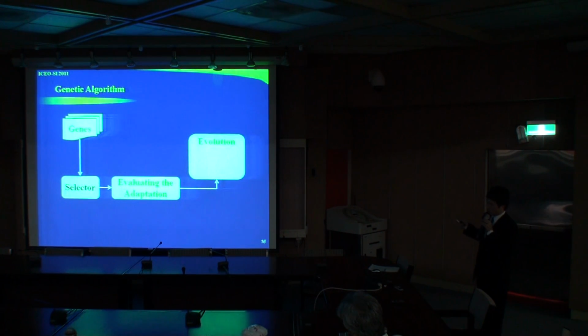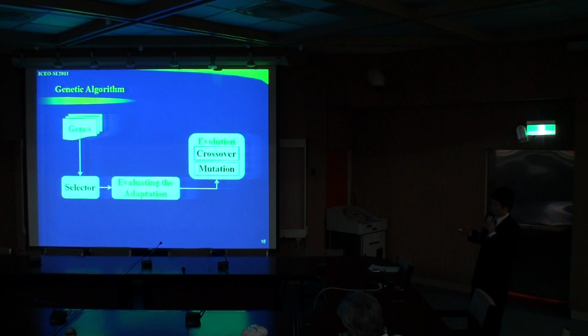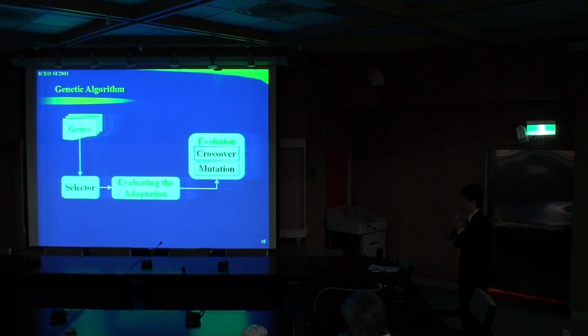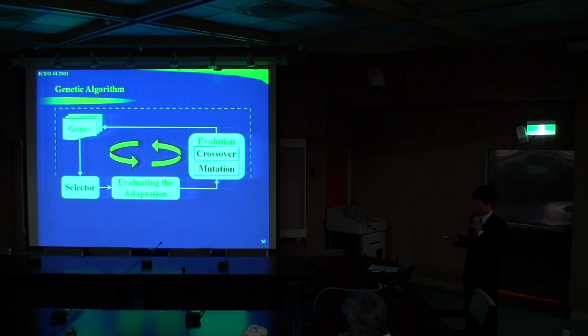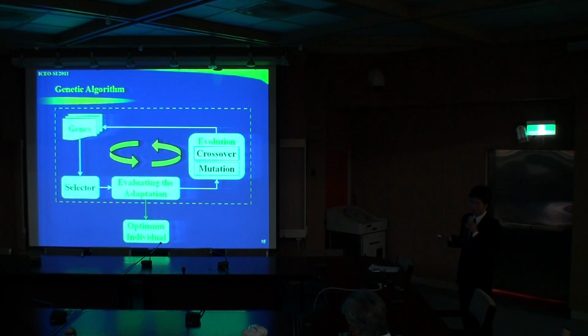If not, it will input them into the evolution algorithm to generate a new generation. Then it evaluates the genes of the new generation again. Repeat this step until the adaptation reaches the demand we need. Then we can obtain the best variable set in the end.